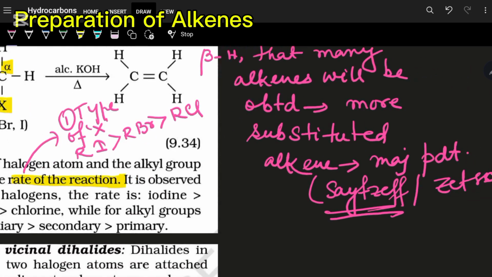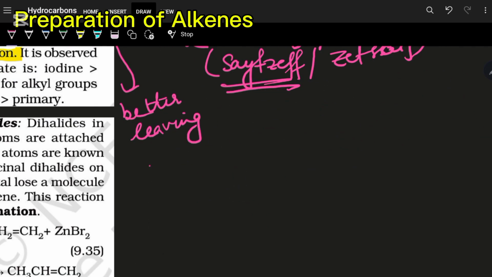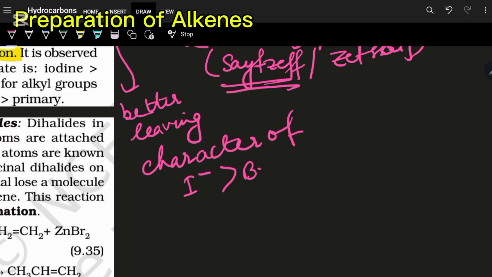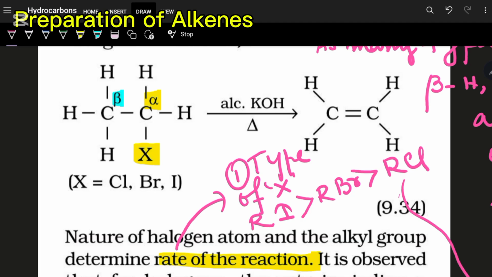Why? Due to the better leaving character of I- than Br- than Cl-. Better leaving character means in this bond, if it is a carbon-iodine bond, then I- will get eliminated more easily than Br-, than Cl-.